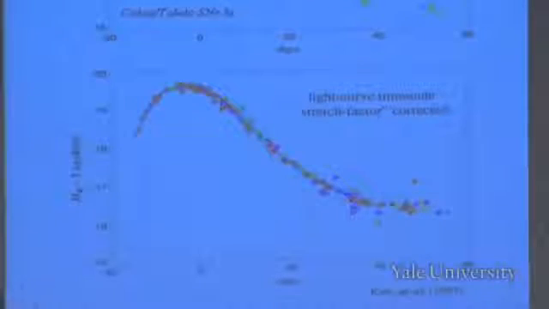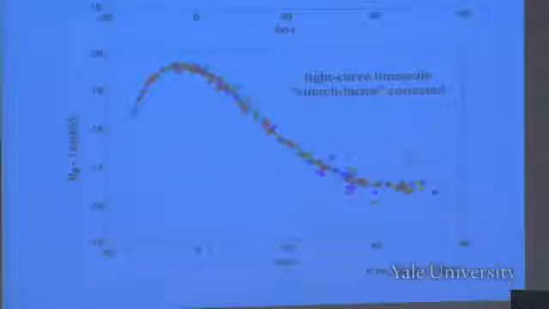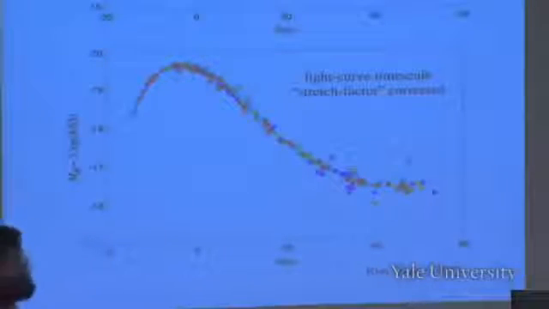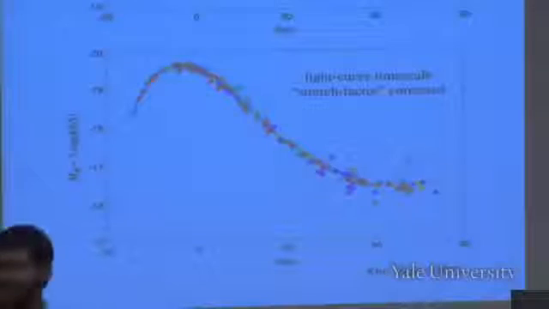These are the same exact data points as they have on the top line, except corrected for the differences in observed color and observed decay rate. And you can see now you've got a very beautiful combined light curve where everything does exactly the same thing as all the others. And in particular, the maximum brightness of these things is always the same at around minus 19.5.